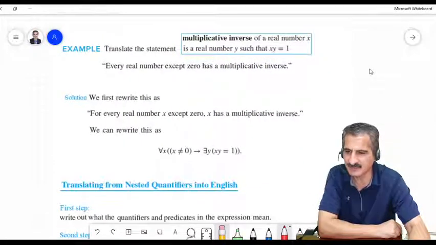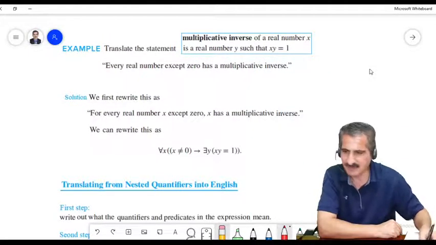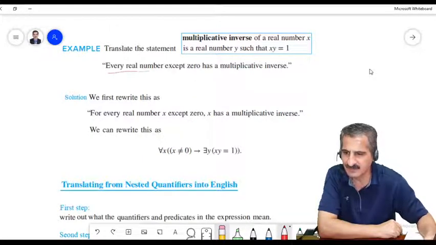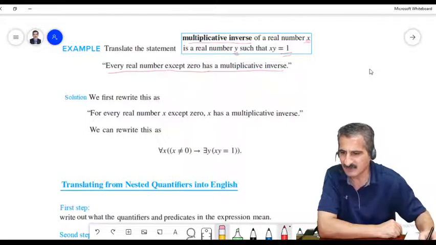So another example, let's translate this statement. Every real number except the zero has multiplicative inverse. Multiplicative inverse of x is another number y, such that if you multiply x times y, we get 1. Okay, so let's do that.